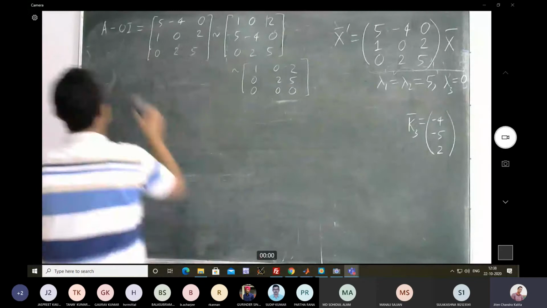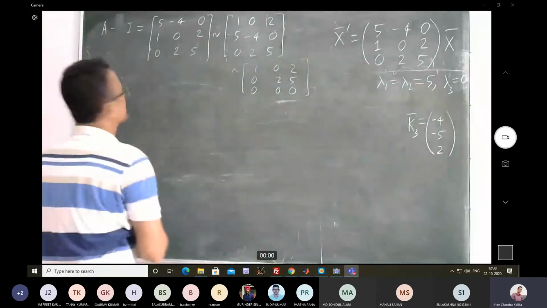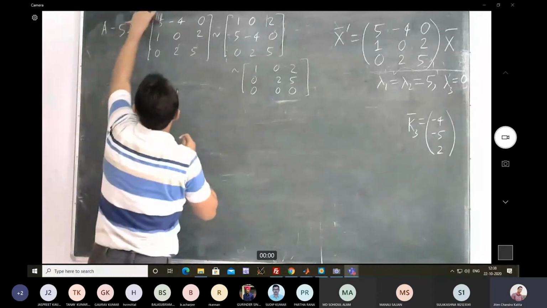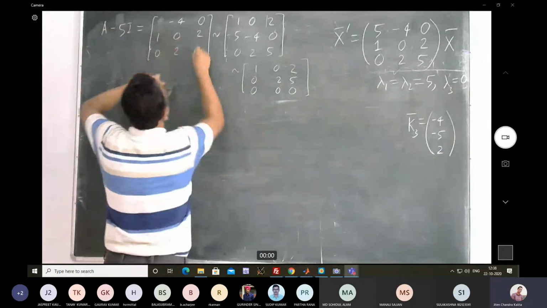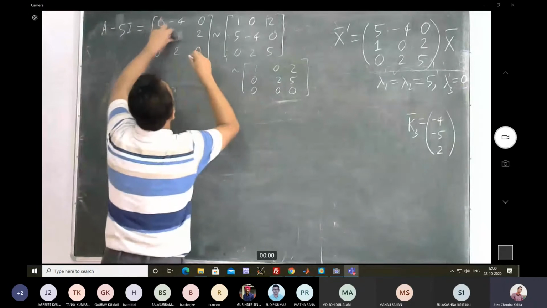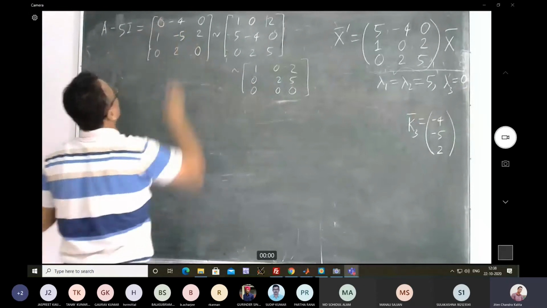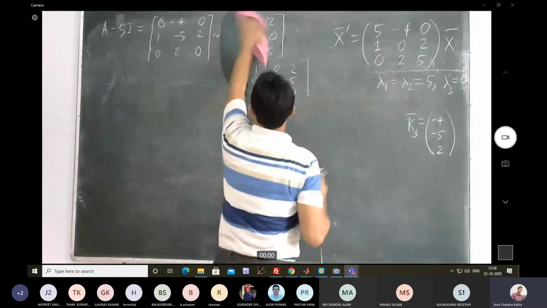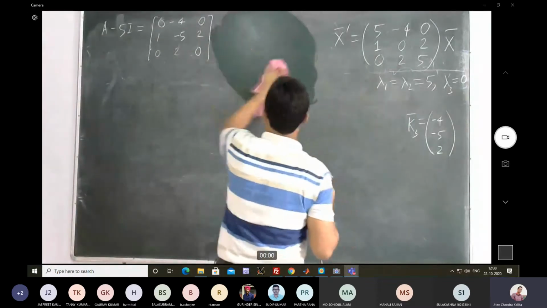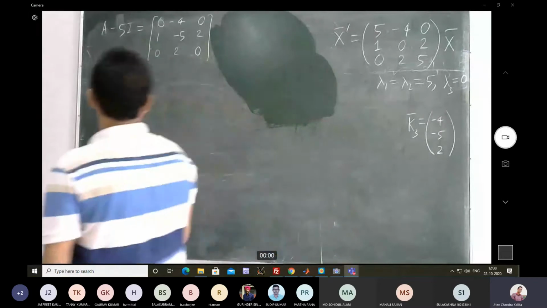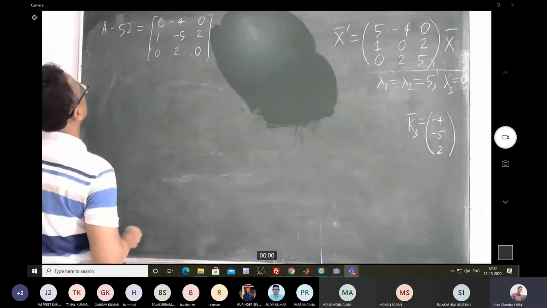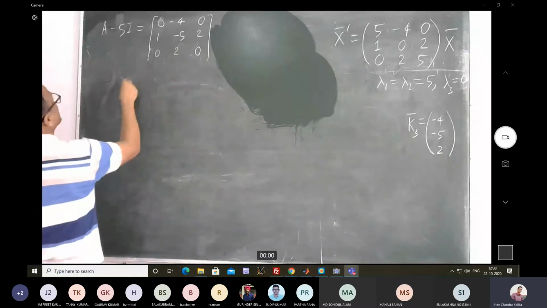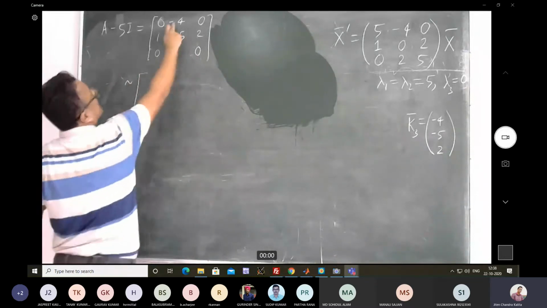Now if I do this, it is a minus 5I, so these two are going to be 0 0, and this is going to be minus 5, isn't it? Okay, so again as before, I think it is perfectly safe, right? 2 0 minus 4 0.